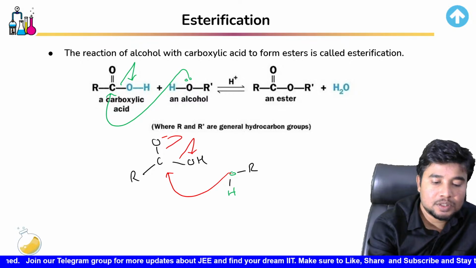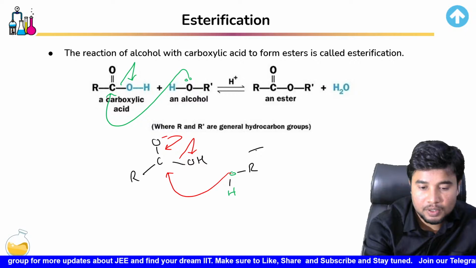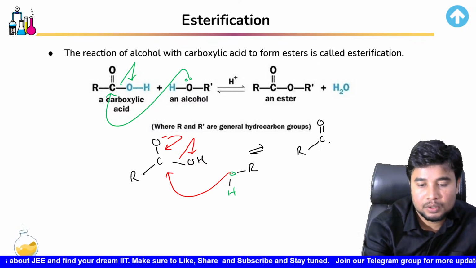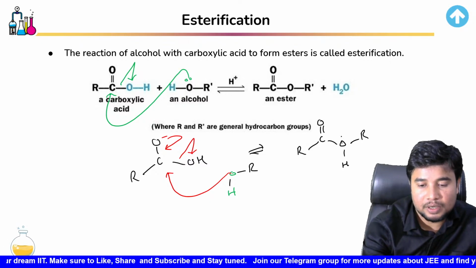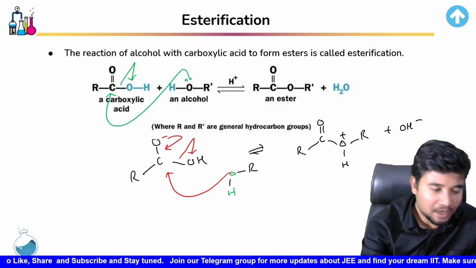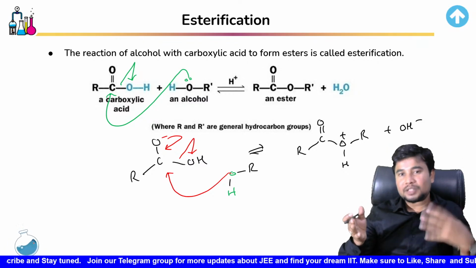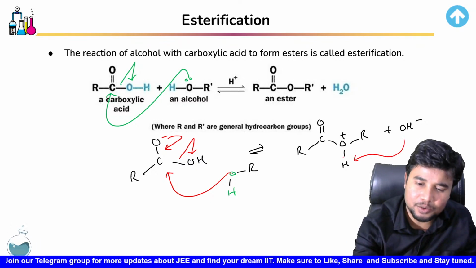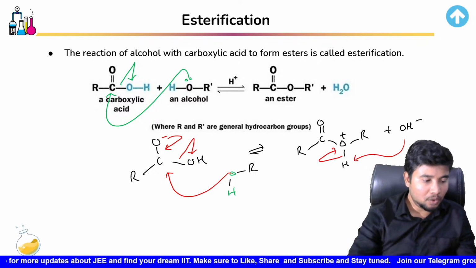So this is what would happen, and that would result in the formation of something like this: RC double bond O R and H, with a positive charge, plus OH minus going out. And what would this OH minus do? You all know OH minus can't do much other than taking out that hydrogen from here. So it would abstract this hydrogen and make this oxygen neutralized. Hope you're getting the idea.